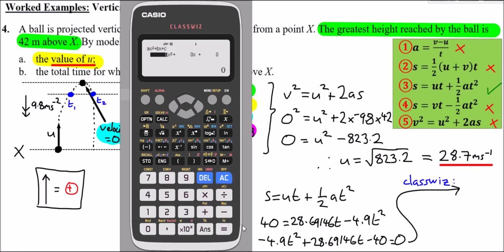So here we've got minus 4.9, press equals. The coefficient of the t is 28.69146, press equals. The constant term is minus 40. Press equals again.